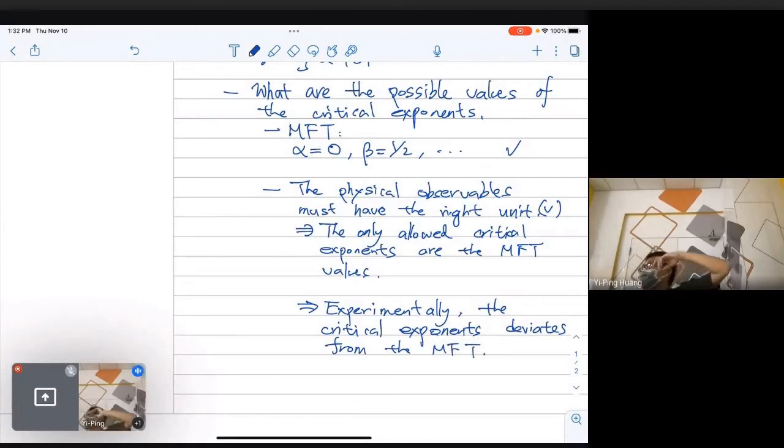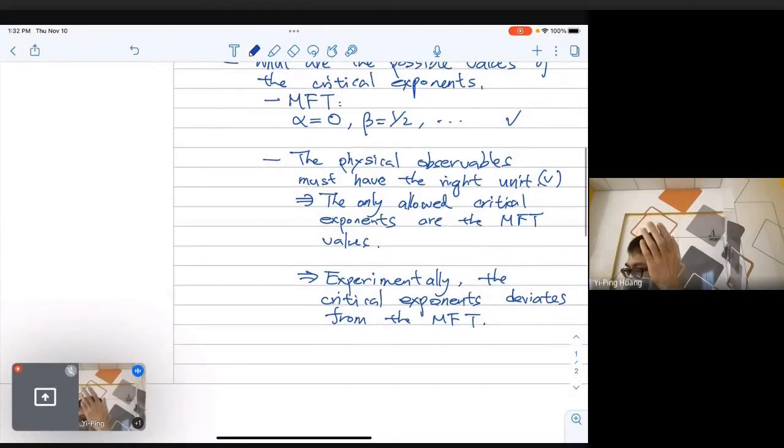So we have a trouble: if dimension analysis tells us that the only possibility is the mean field results, then what is experimentally measured must be something beyond the simple dimensional analysis. So the question is how to reconcile this, or how to go beyond mean field theory.